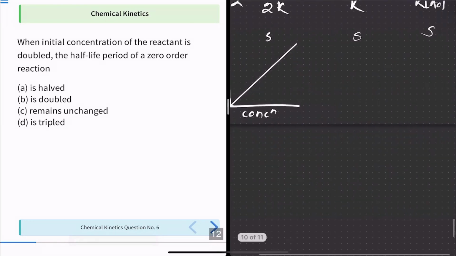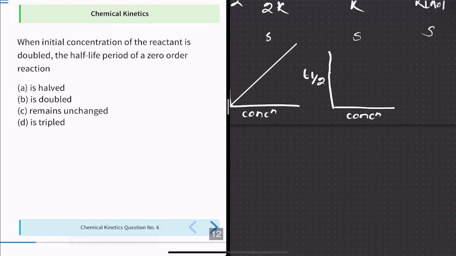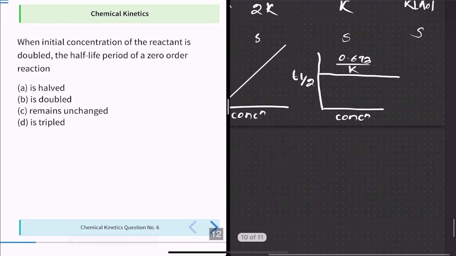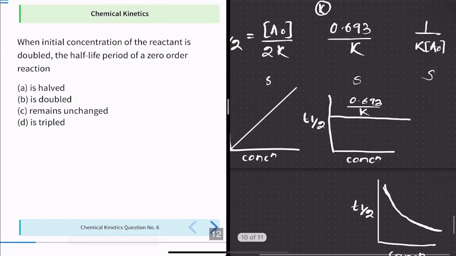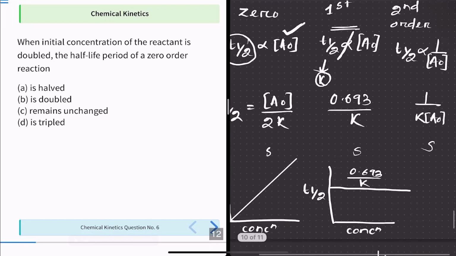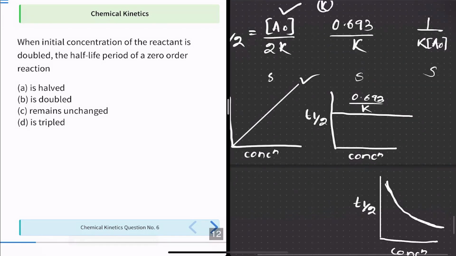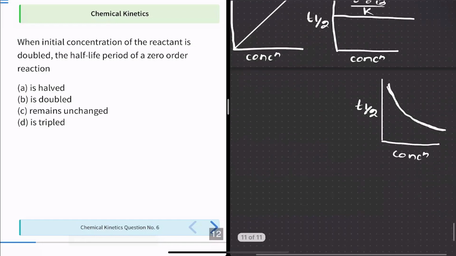For first order reaction, it would remain a constant value, 0.693 divided by K. For second order reaction, it would be a decreasing curve. You have to remember the formula, the relation, and the graphs. Okay, so let's move on to question number 7.